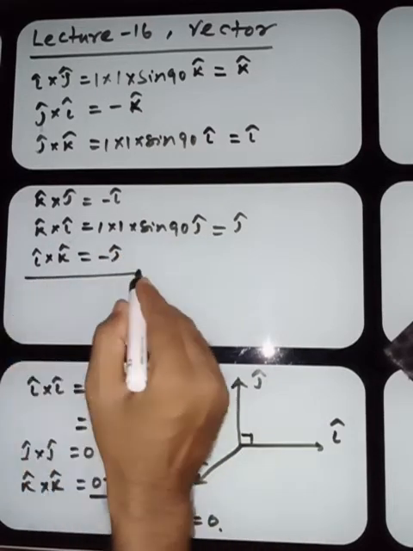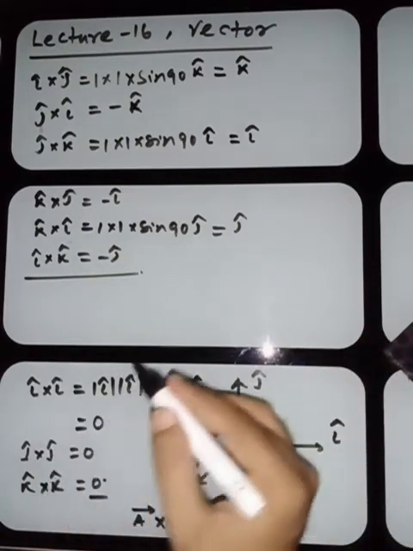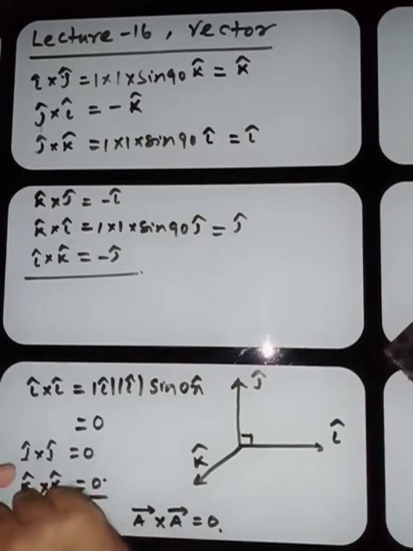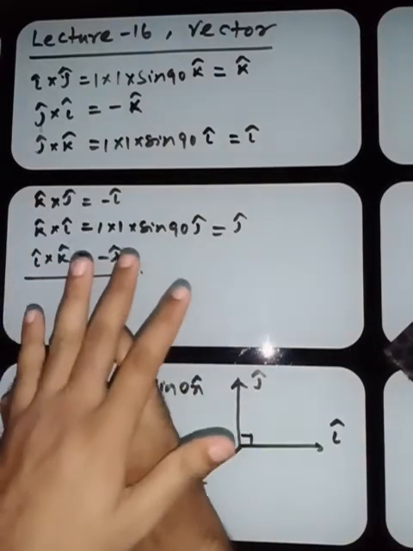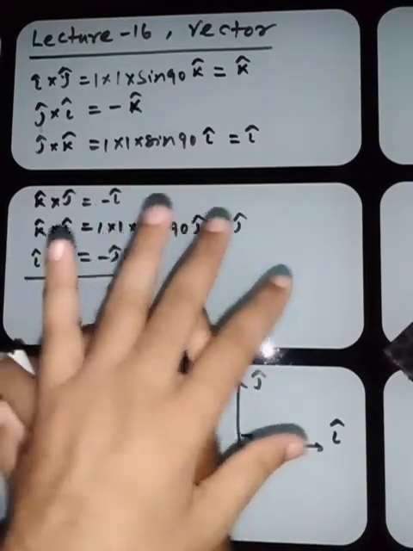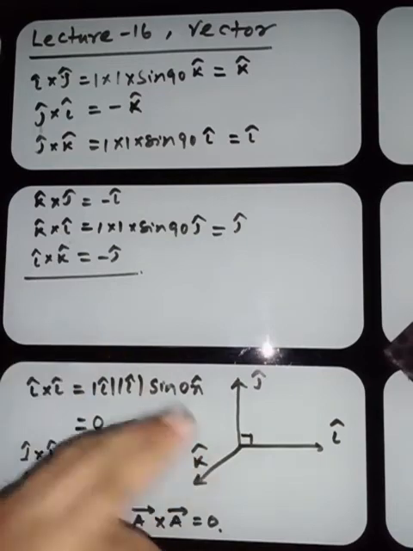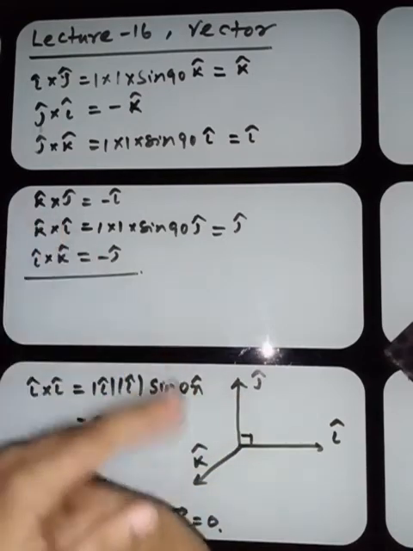So you have the components of all the unit vectors. Now here, my dear students, you can see this is not very easy to remember. Alright, so we are going to apply a method. It is mentioned in the book, and that is the circle method. You can find out the value of i cross j, k cross j, etc. It is mentioned in the book.